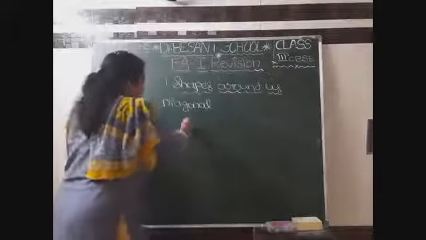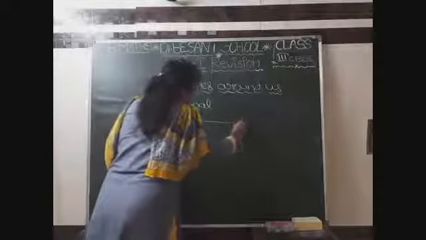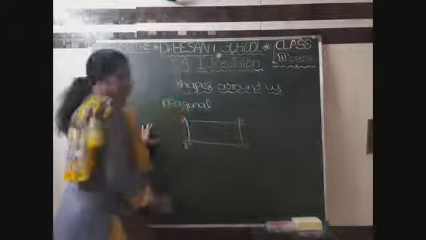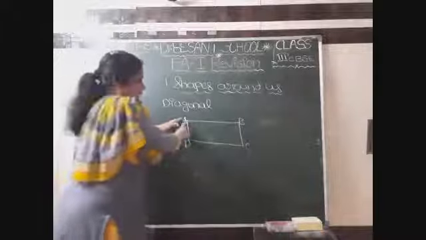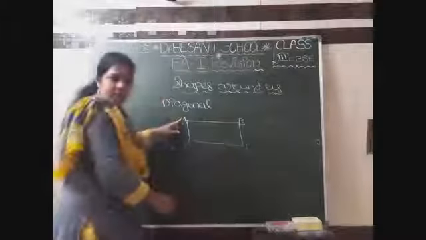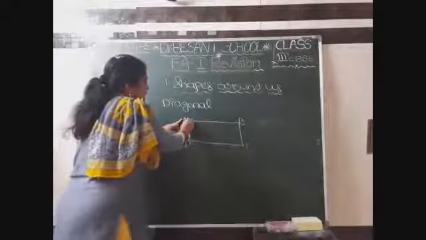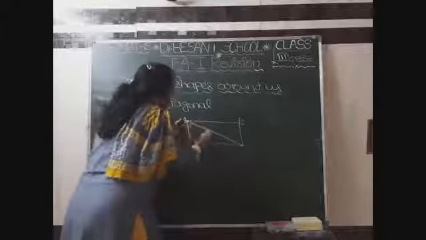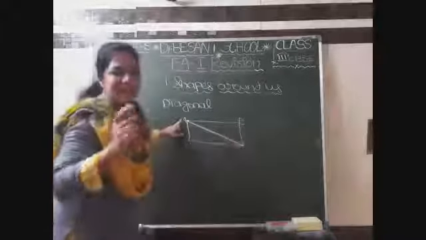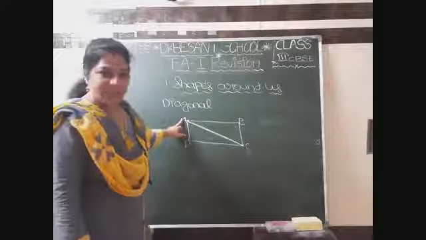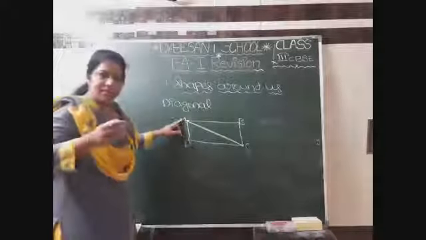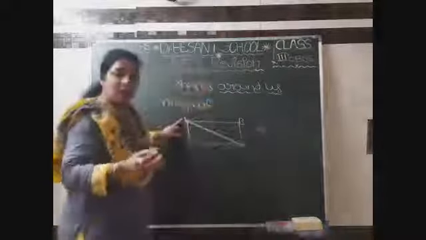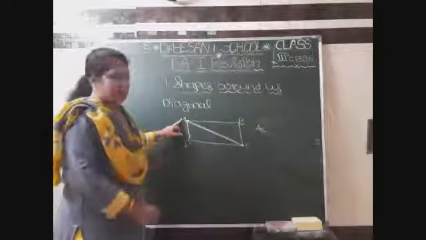ABCD is a rectangle. What are the opposite corners here? AC are opposite corners. Now the line segment drawn between these two opposite corners is called a diagonal. What is this line called, children? Diagonal. Diagonal means the line segment drawn between the opposite corners.